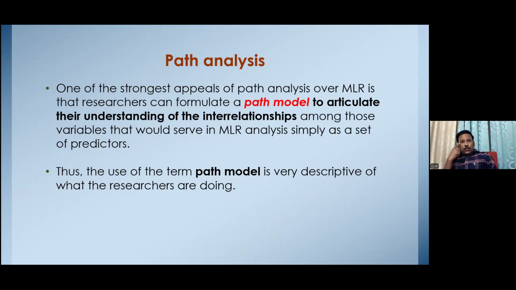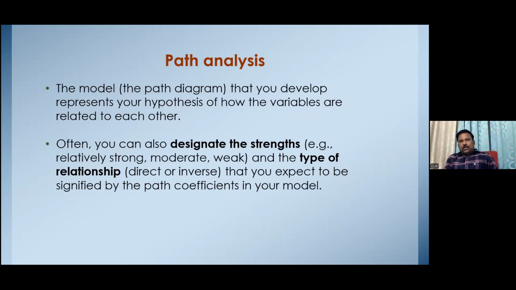Thus the term path model is very descriptive of what the researchers are trying to do, because the moment I see a pictorial graph in path analysis, as a reader, I can understand what the author is trying to portray, because I can see the arrows that are drawn, showing which variable is trying to predict which variable. The path diagram that you develop basically represents your hypothesis of how the variables are related to each other.